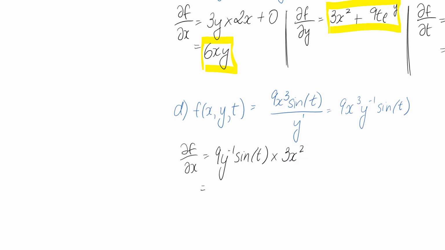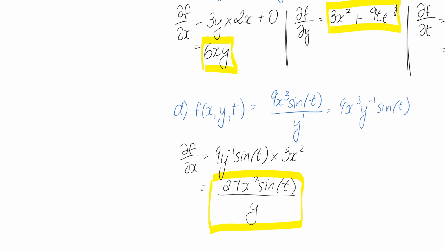So I could write this a little bit neater. All right, we've got 9 times 3 is 27. I'll pop the x squared and then the sine t at the top. And if we wanted to, we could flip the y down to the bottom line, or you could equally write it on the top with the y inverse, or -1 I should say. Alrighty, so that's our answer for the first partial derivative with respect to x.